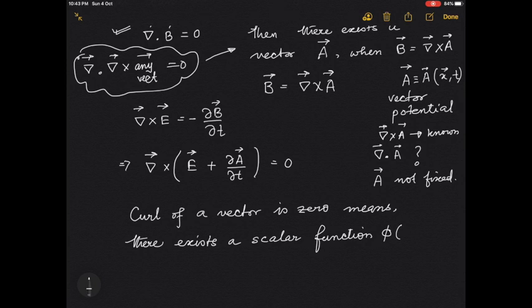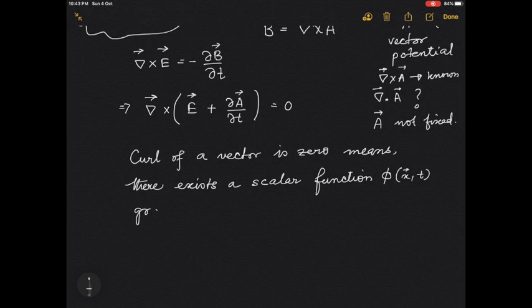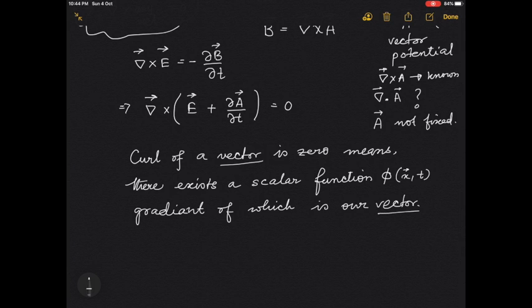We call the function phi. It's a function of x and t again here, or gradient of which is our vector. So this vector is the same as this vector.